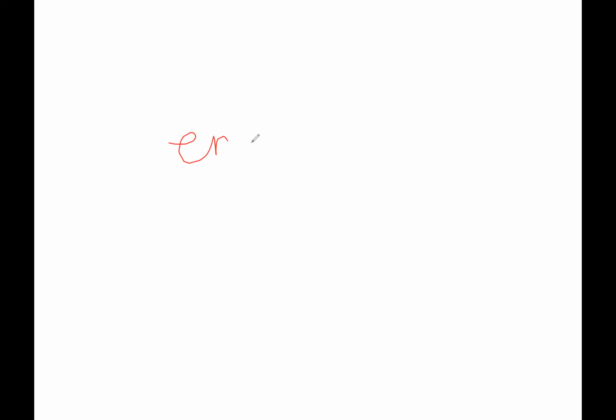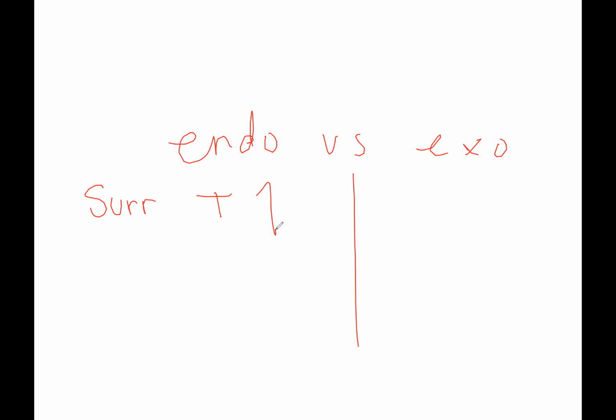If I asked you endo versus exo, how to tell, you need to look at the surroundings for temperature. If the temperature of your surroundings goes down, or if the temperature of your surroundings goes up, it would be exo. Sorry, I did that backwards. Endo is temperature goes down. This is your surroundings. Exo is temperature goes up.